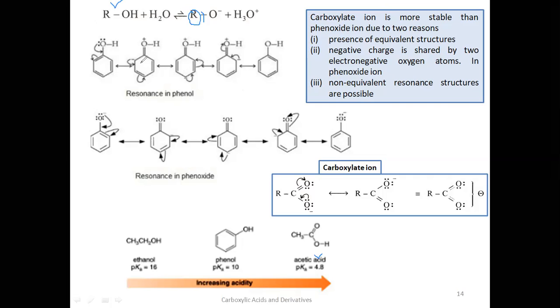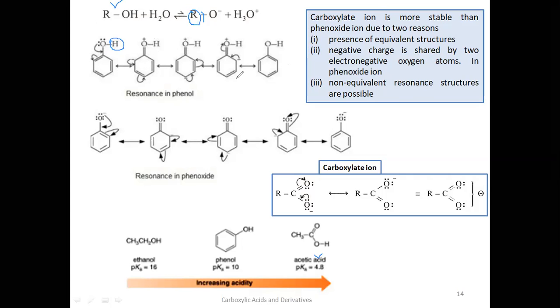Whereas if you see the phenols here, phenol is a good acid because these are the resonance structures of phenol and these are the resonance structures of phenoxide that is formed after the loss of this proton. If you closely observe this structure here, there is a positive charge here and a negative charge on the carbon here.